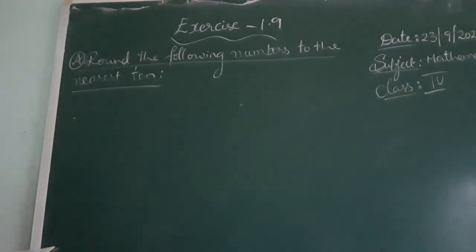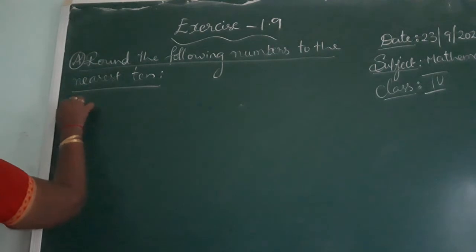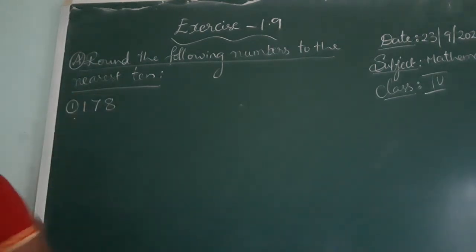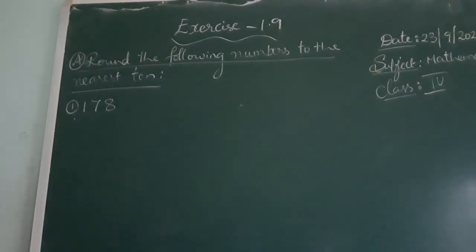First one, 178. Now we are rounding the numbers to the tens place. To do that, you have to check the digit at the ones place. What is the digit at the ones place? 8. Underline that 8.